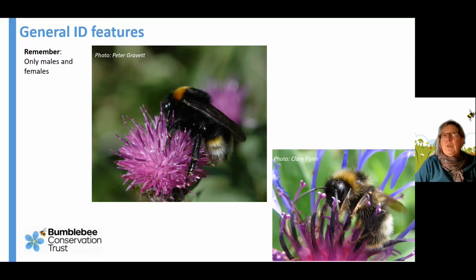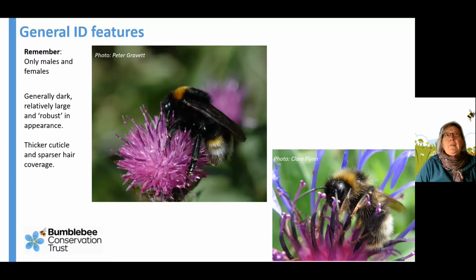Okay, so some general ID features just to contrast them with the social bumblebees. So remember, we don't have queens, it's just the big females and males in the 6 cuckoo bumblebees. The species appear generally dark, and they're relatively large, well, the females are, compared to their social counterparts.